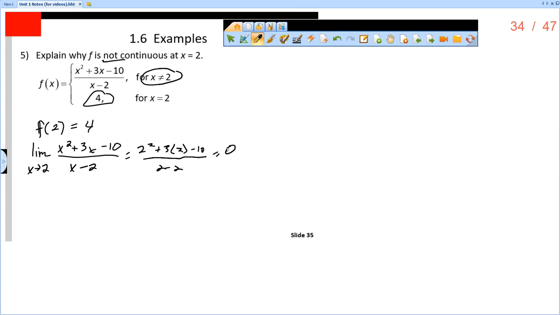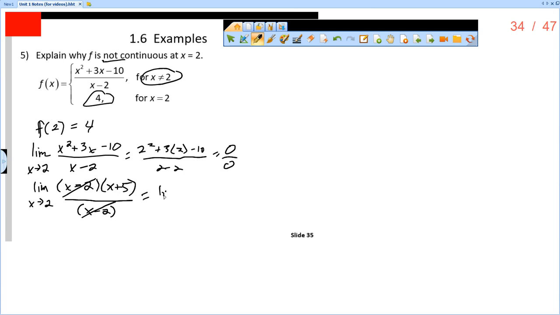So 10 minus 10 is, of course, 0 over 0. So now we're going to evaluate that limit by factoring: x minus 2 and x plus 5. Remember, you can give yourself a head start by keeping in mind that x minus 2 is going to have to reduce because we plugged in 2 and got 0 over 0.